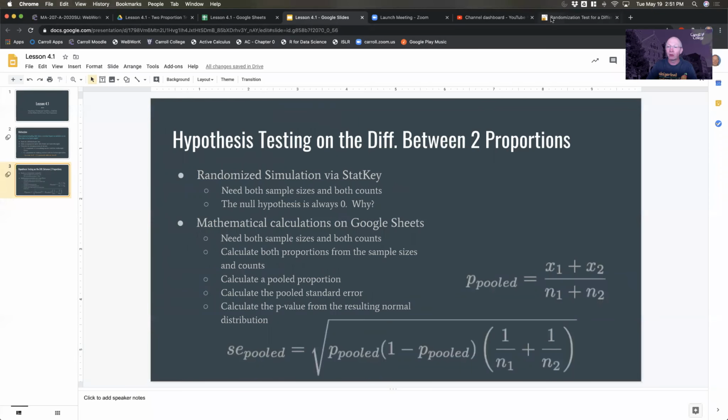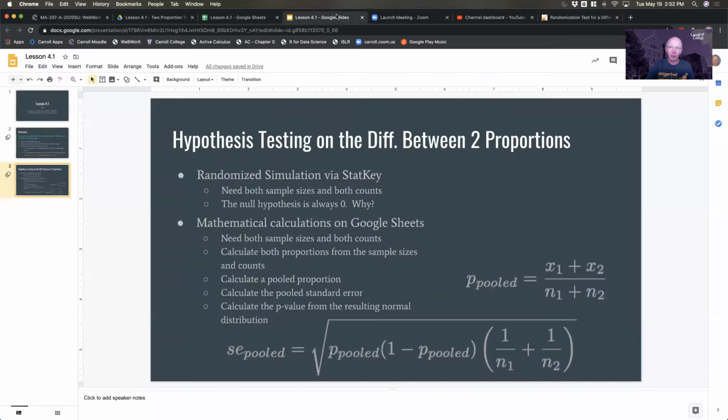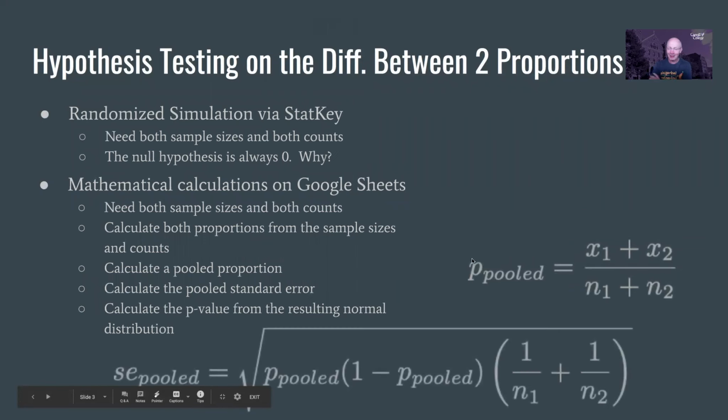Now I'm going to come back to my randomized simulation here. This, again, is a mound-shaped, bell-shaped curve like we would expect, and it looks like a normal distribution because it is. There's some deep statistical theory that tells you this is a normal distribution. So I need a standard deviation on this normal distribution. And what gives it to me, without having to do randomized simulation anymore, is this kind of daunting looking formula.